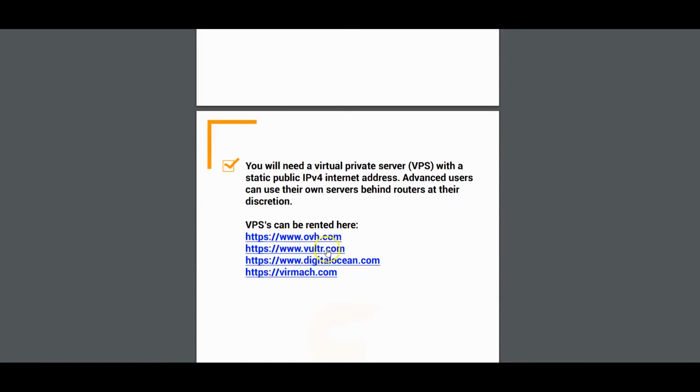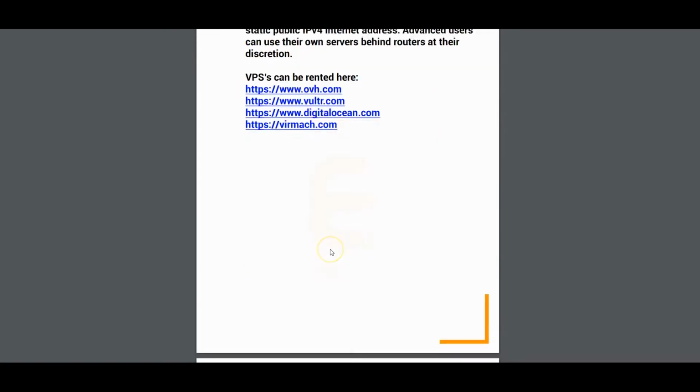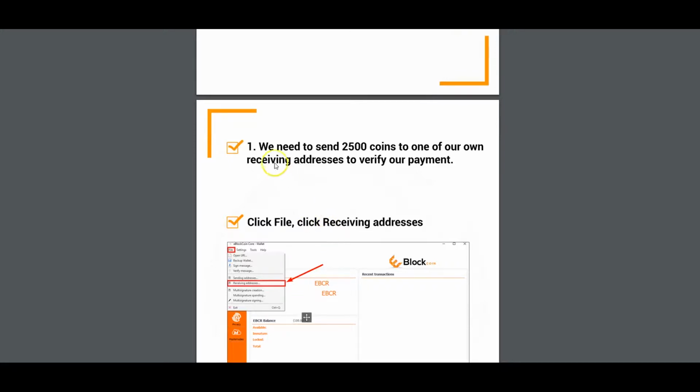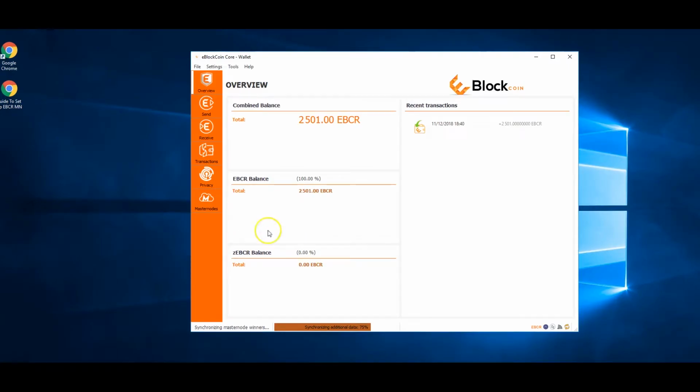After you have set up your Vultr.com account, you'll need a wallet. And you'll need to have 2,500 coins in your wallet to set this up. Okay, I now have 2,501 coins.